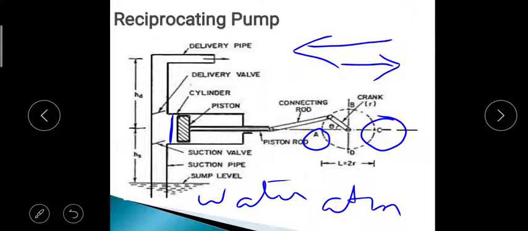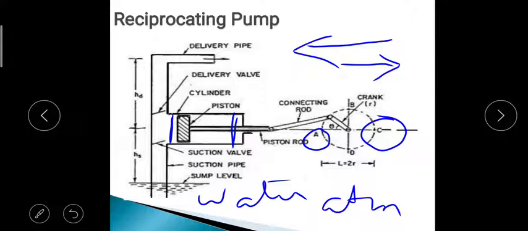When the crank is at point C, the piston will be here. Now I have to create a low pressure zone.